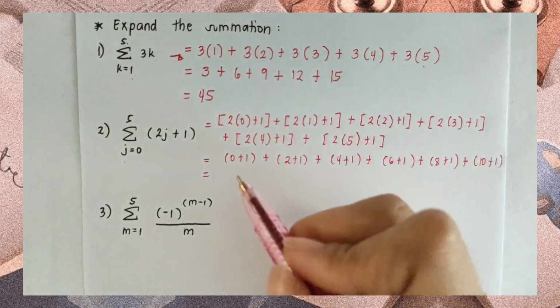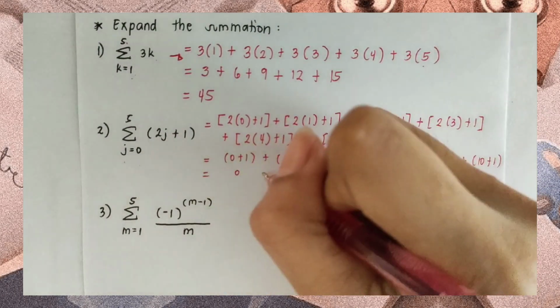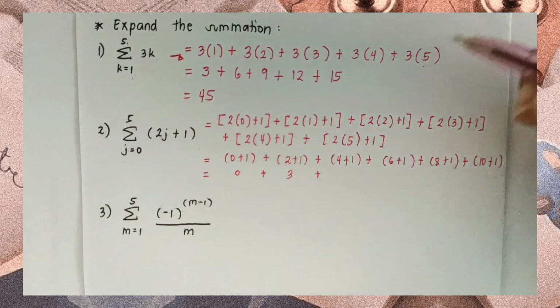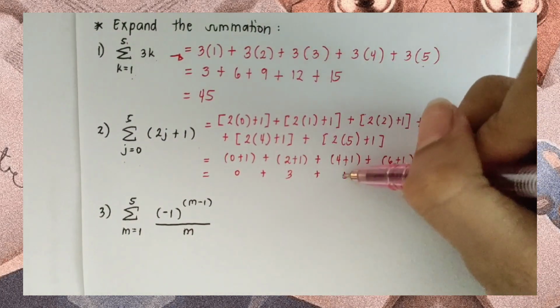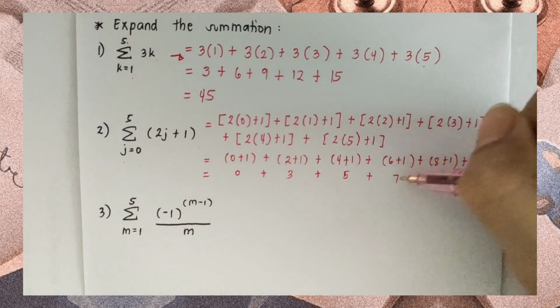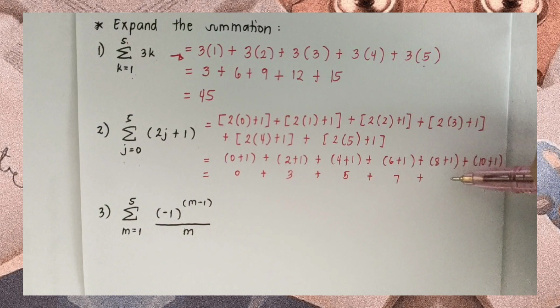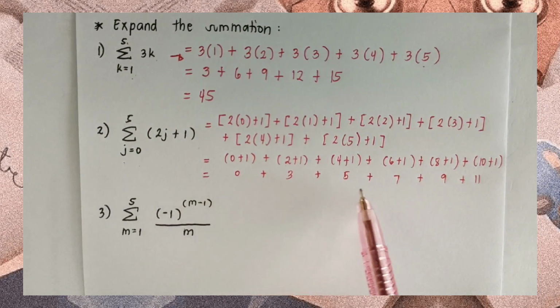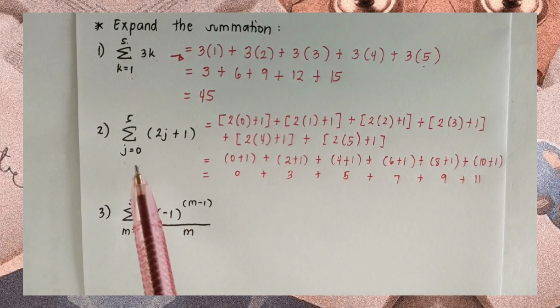Simplify. 0 plus 1 is 1, plus 2 plus 1 is 3, plus 4 plus 1 is 5, plus 6 plus 1 is 7, plus 8 plus 1 is 9, and plus 10 plus 1 is 11. This is the expanded form of the given notation.